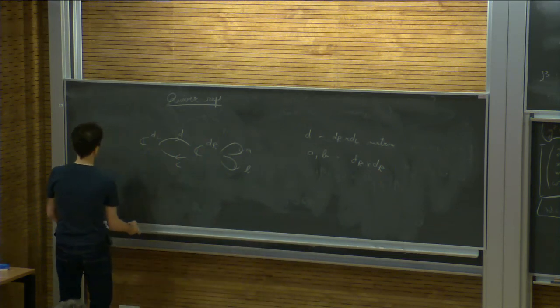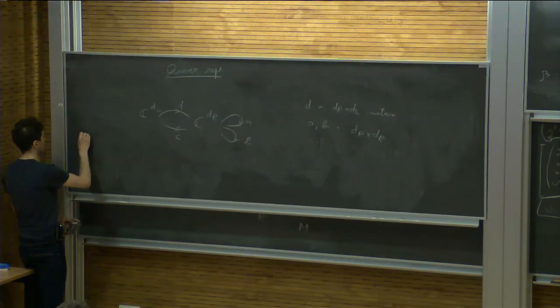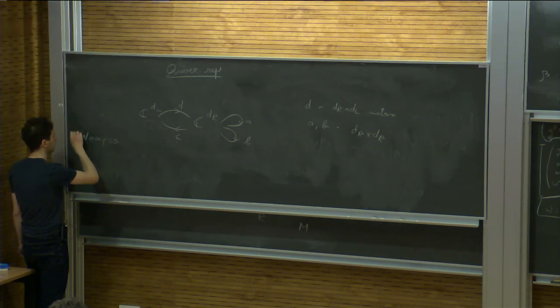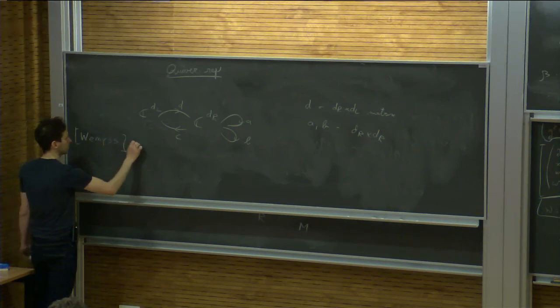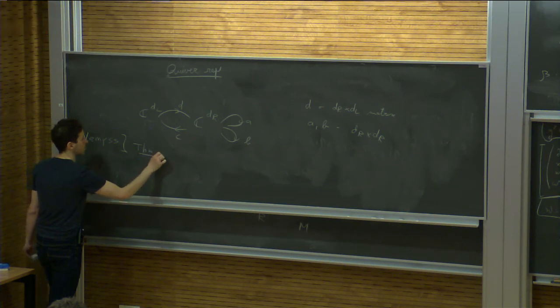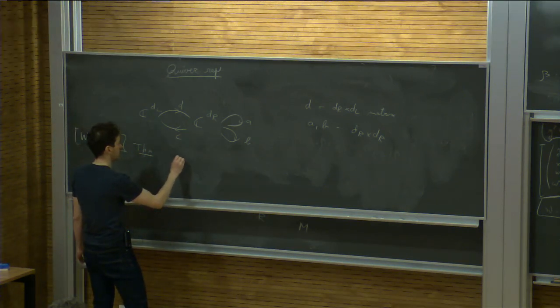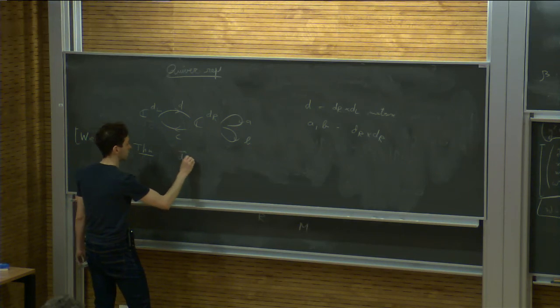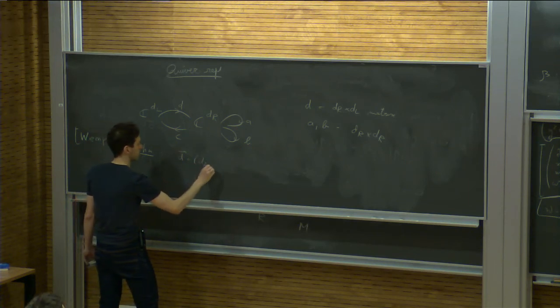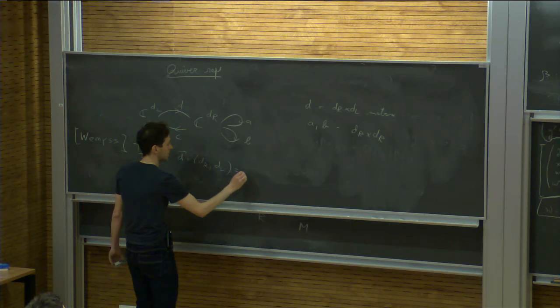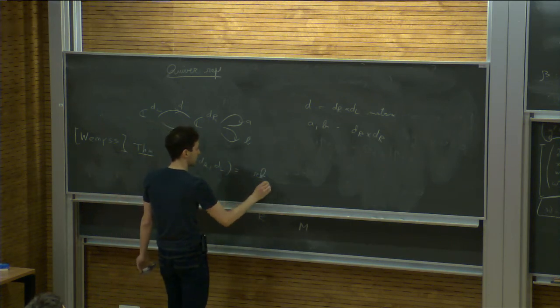Okay. Now, there's a theorem. I think it belongs to Weems. It tells you that what you have to look at, the dimension vector, has to actually be the ranks of the modules.